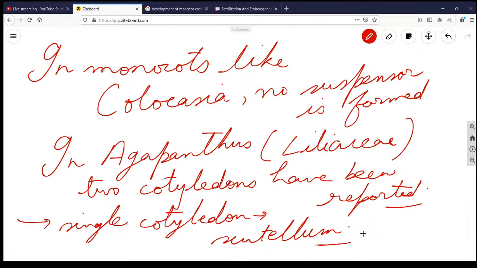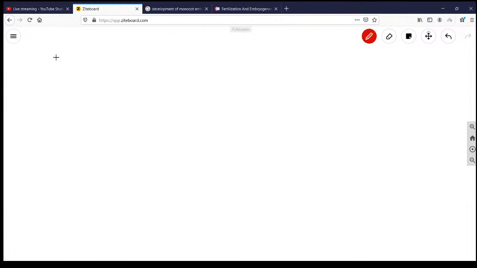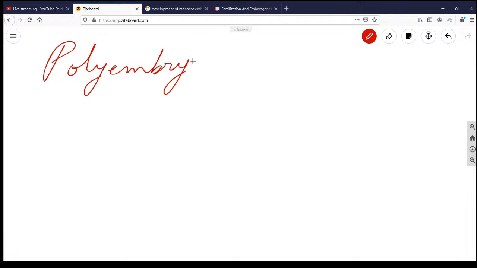Okay, so we had discussed two types of polyembryony last time, the cleavage polyembryony and the embryos from the cells of the embryo sac other than the egg. So we have two more types of polyembryony that I'll tell you for your NEET preparation. Type number 3. We have talked about the cleavage polyembryony, where we had the cleavage from the zygote or the proembryo.